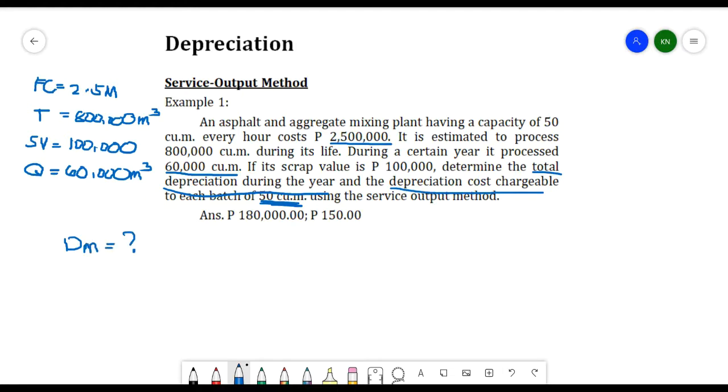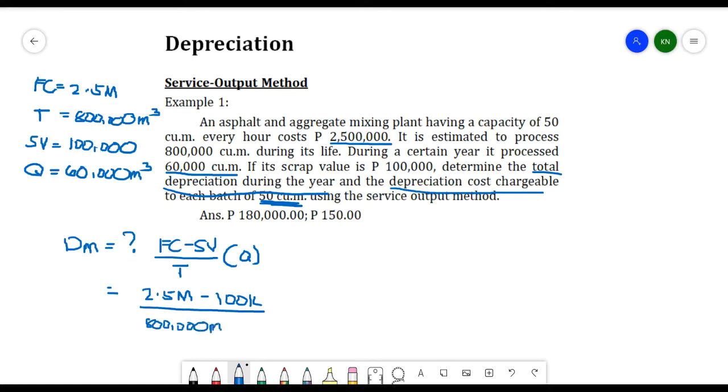From the formula of our DM in the service output method, we have (FC minus SV) over T multiplied by our Q. So we have FC as 2.5 million minus our SV of 100,000, all over our T, which is 800,000 cubic meters, and our Q is 60,000 cubic meters.